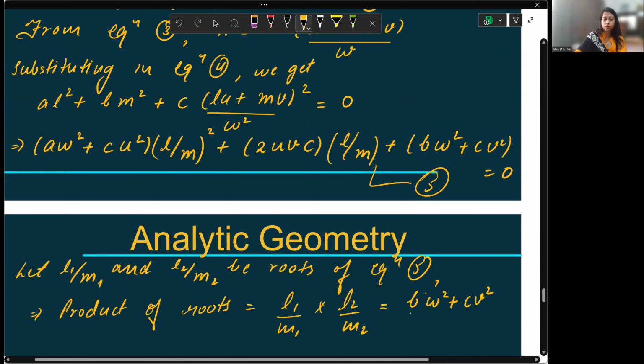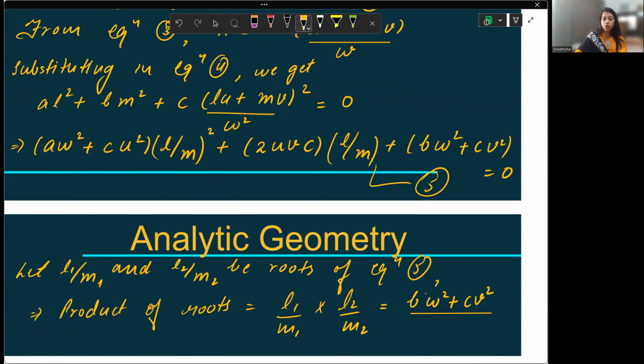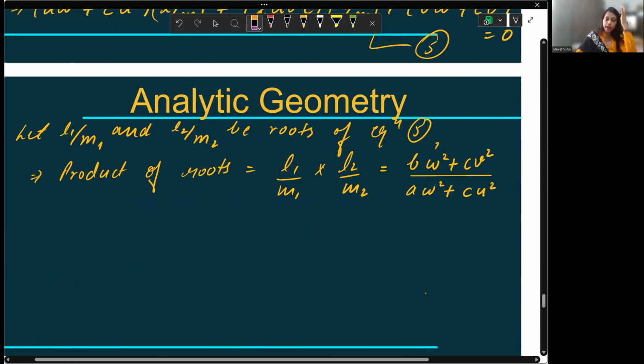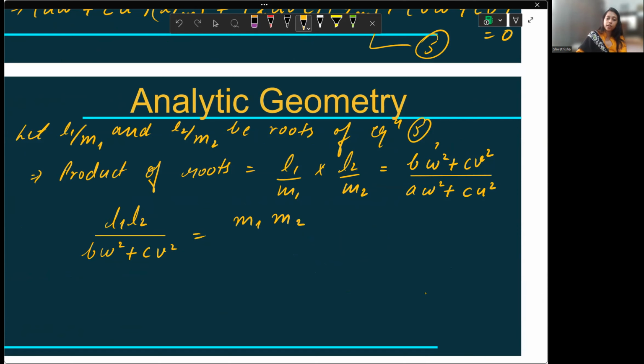A means the coefficient of (L by M) whole square, which is AW square plus CU square. So I can write it as L1 L2 divided by BW square plus CV square is equal to M1 M2 divided by AW square plus CU square. You can actually write N1 N2.